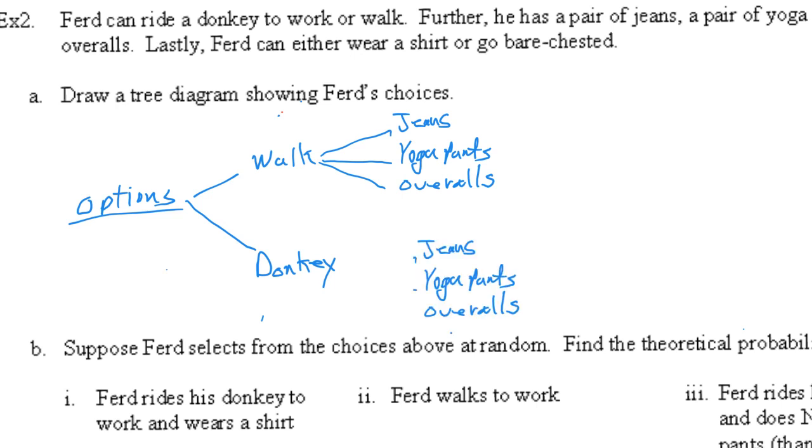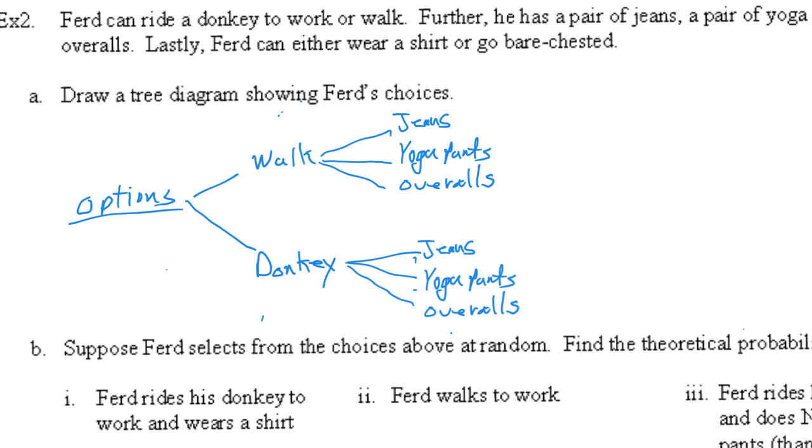So now imagine instead of walking, I chose the donkey. I still have those three possibilities again, where after I've chosen the donkey, I can wear jeans, wear yoga pants, or wear overalls. All right, so now, lastly, he can either wear a shirt or go bare-chested for the day.